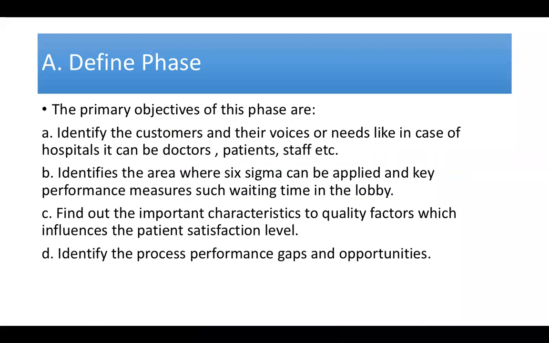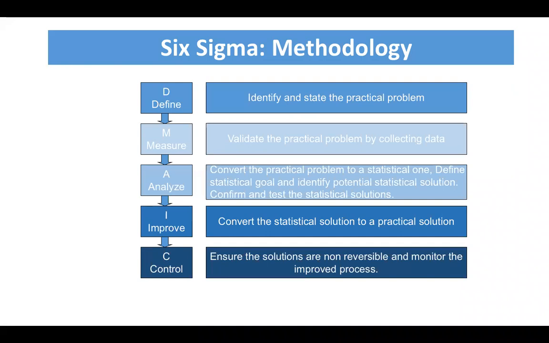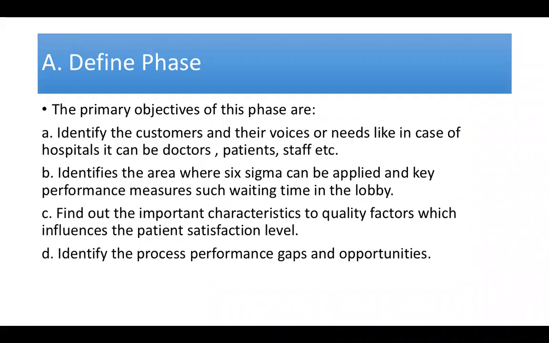In the define phase, when you are defining a problem, like here, identify and state the practical problem. We have to understand what our customers, like doctors who are sending us samples, patients who are providing samples, and staff, are saying and what their requirement is.